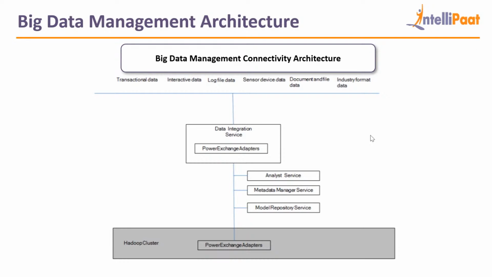Whenever there is a new job which has to be processed, the DIS will push it into the Hadoop cluster for processing. All the other services, the analyst service, the metadata manager service, the model repository service, are connected to the data integration service, and the data integration service connects to the Hadoop cluster.